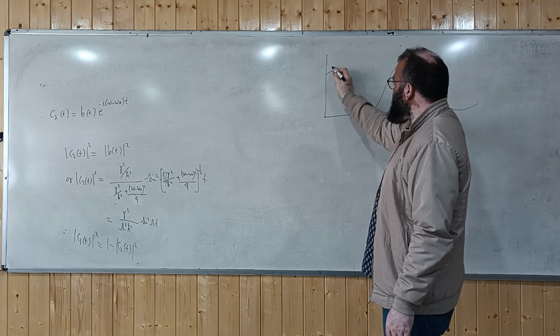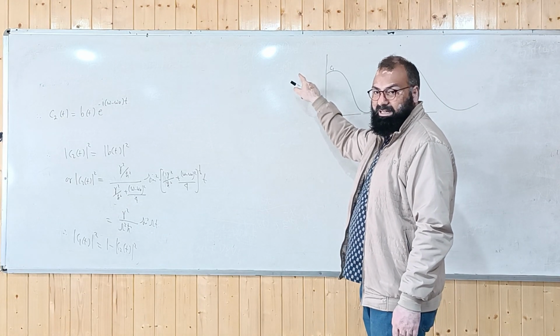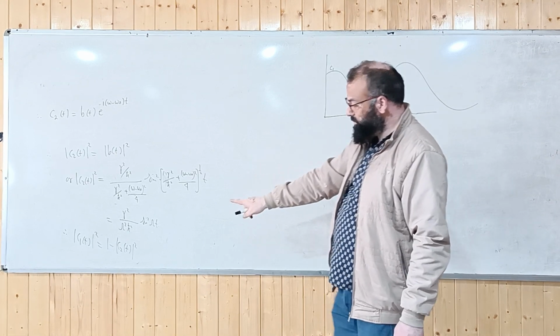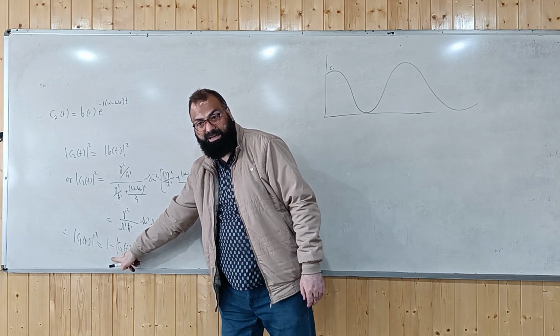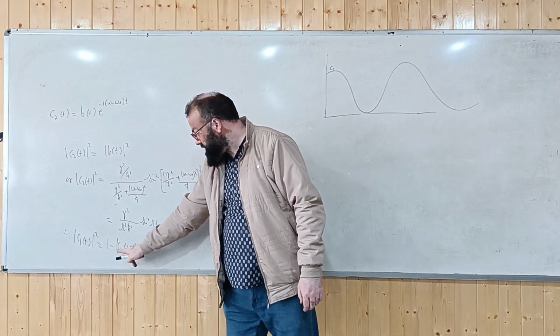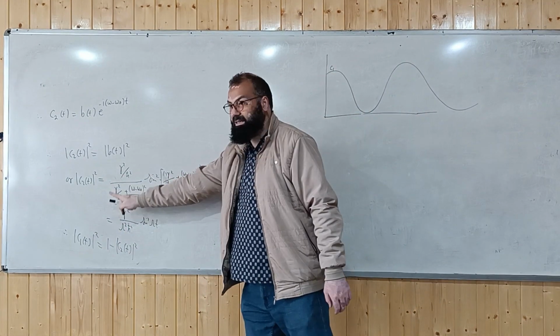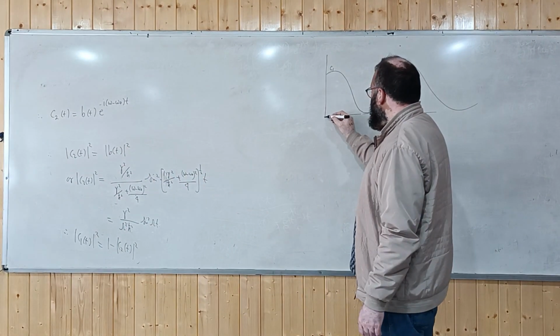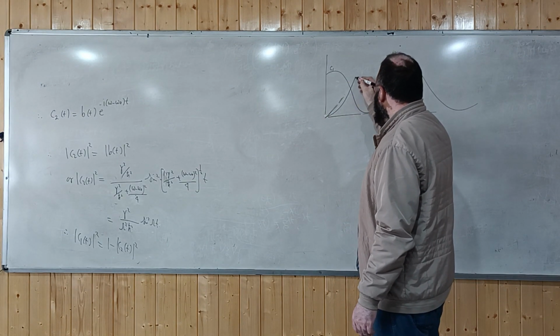So let's say if this is C1, initially we started with the maximum population. Initially C2 is 0, so you have maximum probability for C1. But as time goes, this will decrease. Now what will increase? C2. So it means this will increase in a sinusoidal fashion like this.